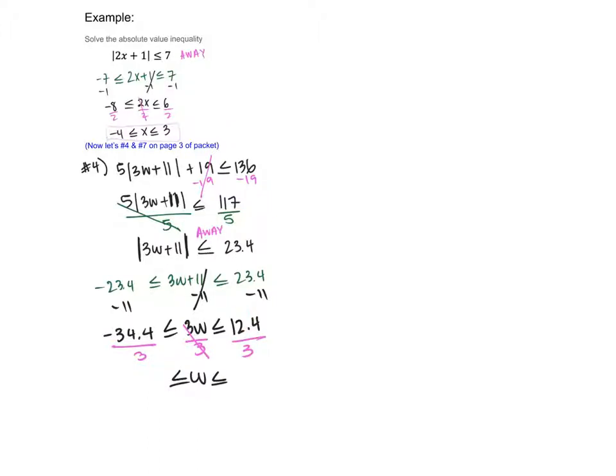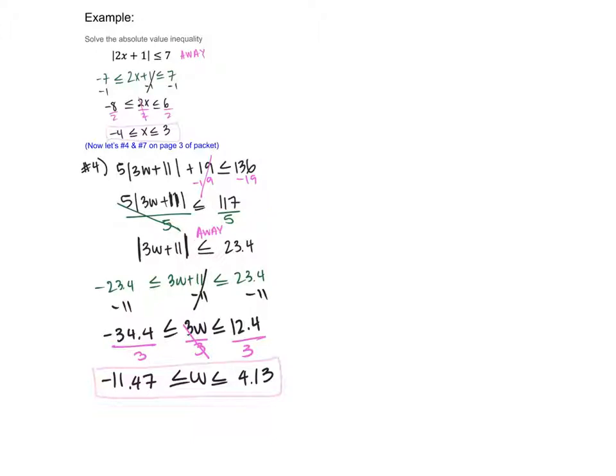I'm going to round to 2 decimal places. So this would be 4.13, and this side here would be negative 11.47. And then I'm just going to highlight that here, and I am finished because I have the W by itself. Okay, that was quite a bit.